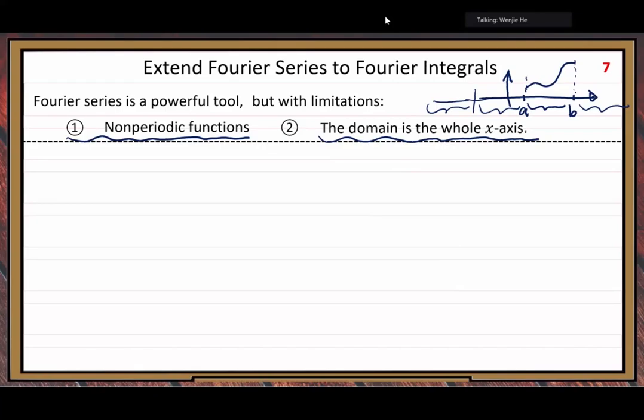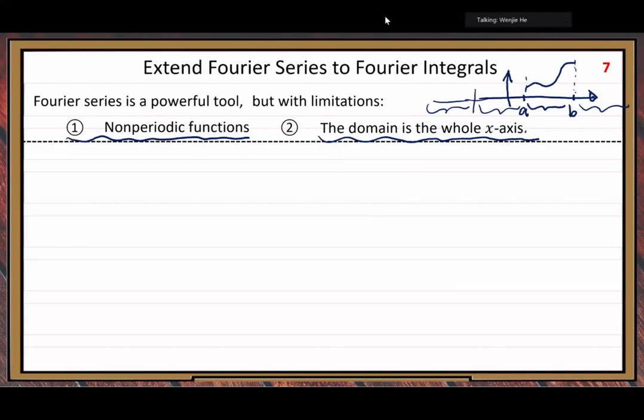You have no chance to do periodic extension because the given function already covers the whole x-axis. You cannot modify the function. You have to take it. In this situation, the Fourier series method doesn't work.